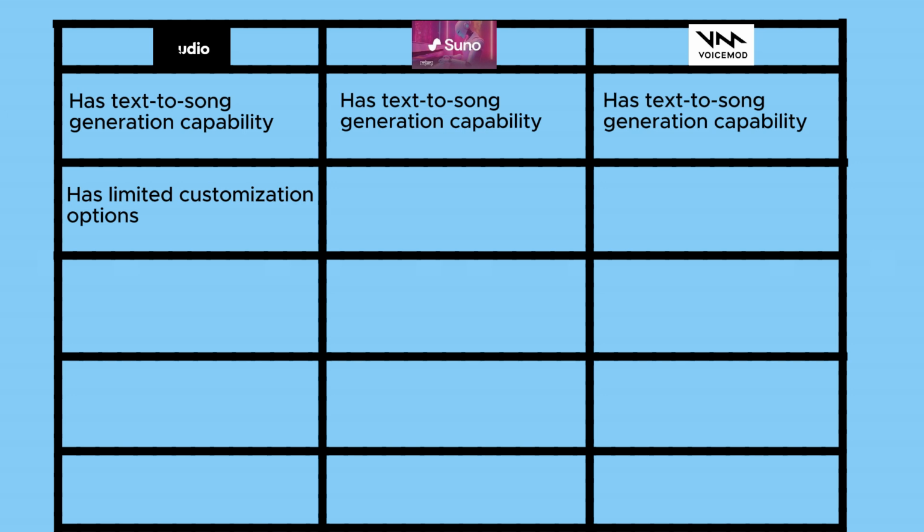Suno AI has more options, but requires knowledge of music. And for Voicemod AI, there are basic options. It is preset according to the chosen style and singer.